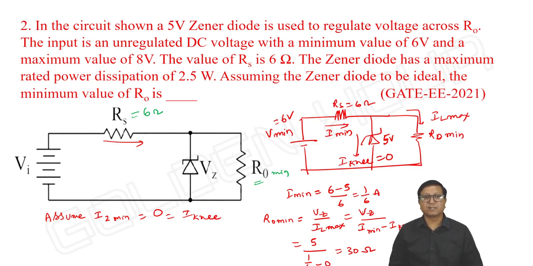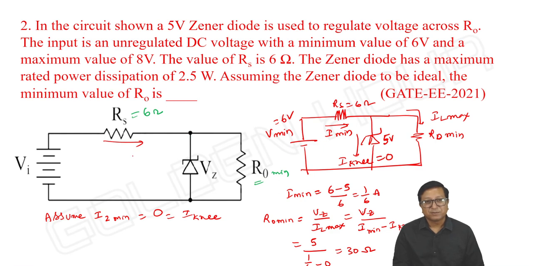RS is given, the power rating of the Zener diode is given, and assume the Zener diode is ideal. If they ask us to find RL maximum, then what do we do? We have to take input maximum, and from the power dissipation rating of the Zener diode, we can find IZ maximum.